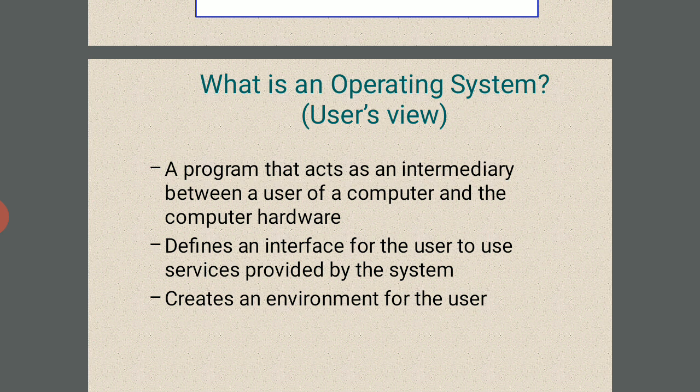It is the interface between the system and the user. The system is the total environment of the central processing unit and input output devices. The user is how to use the computer.